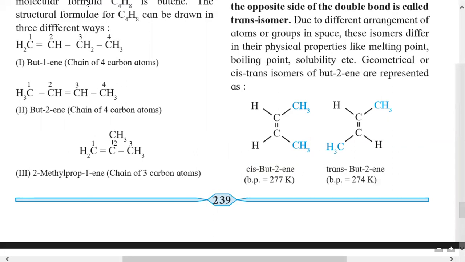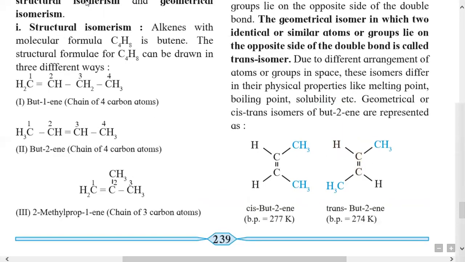In the second example, it is trans-but-2-ene. Here the CH3 groups are present on the opposite side of the double bond, and the H and H, that is hydrogen and hydrogen, which are also similar groups, are present on the opposite side of the double bond. It is a trans isomer, and can be named trans-butene.